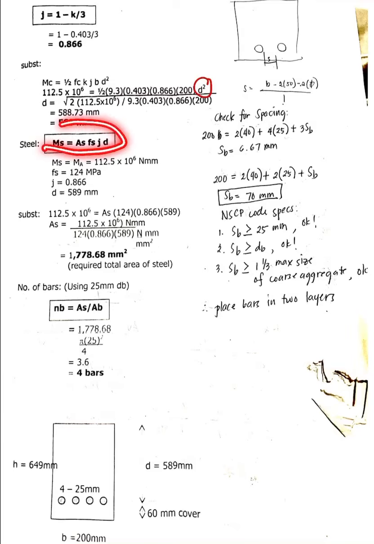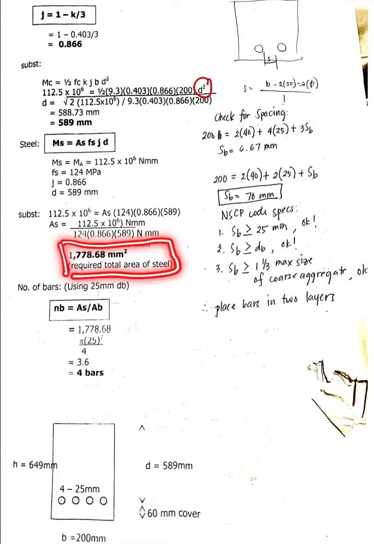So substitute the values. Then we solve for As. Fs is 124, j is 0.866, and d is 589. So our As now is 1,778.68. So that is now the required total area of steel.